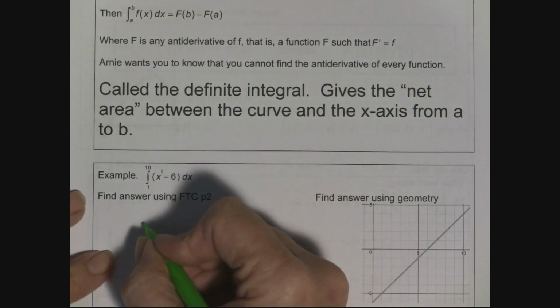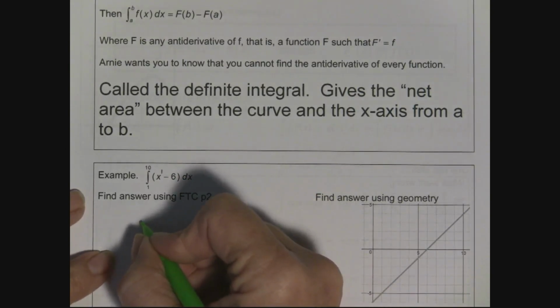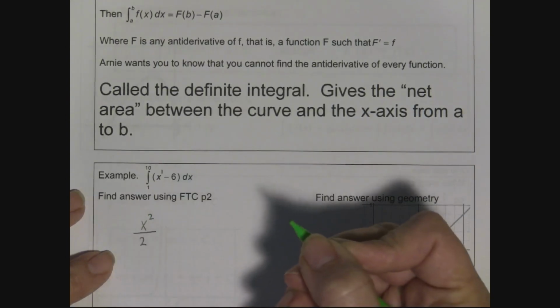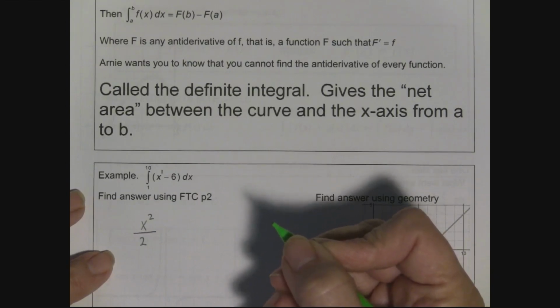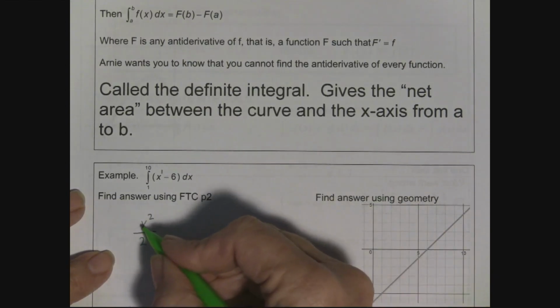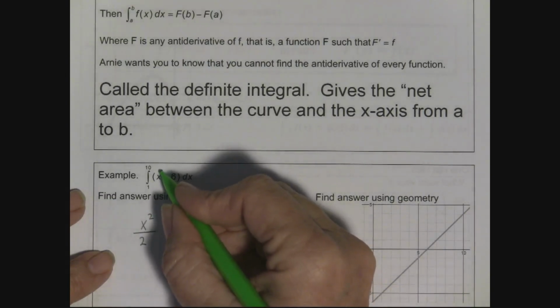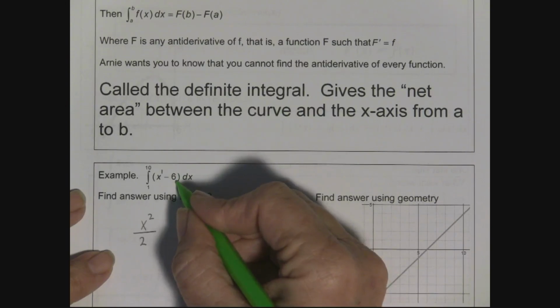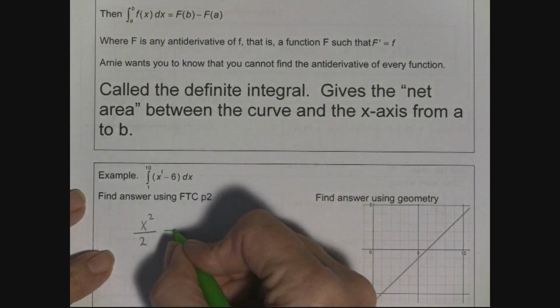So the antiderivative of x is x to the second over 2. You can check this by finding the derivative of this, and you'll get x. Now what is the antiderivative of minus 6? Minus 6x.